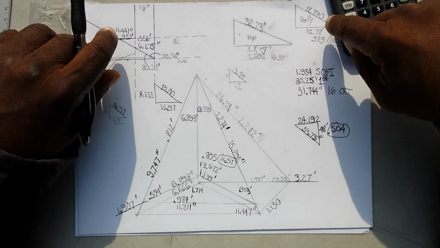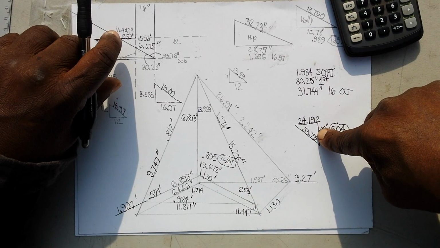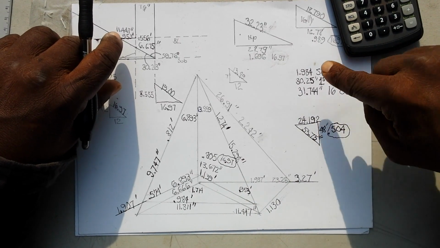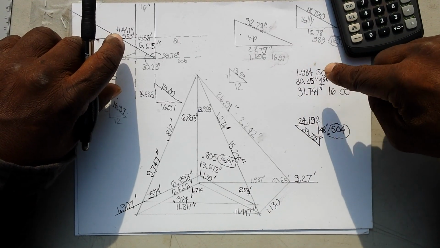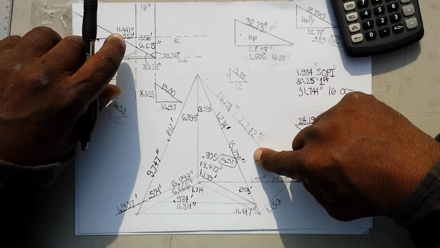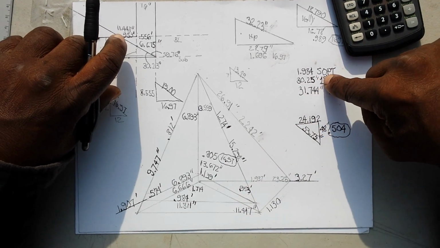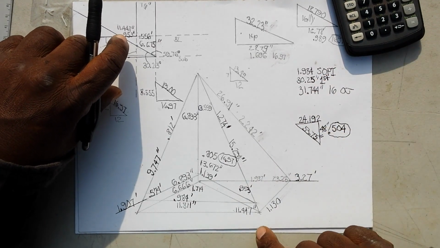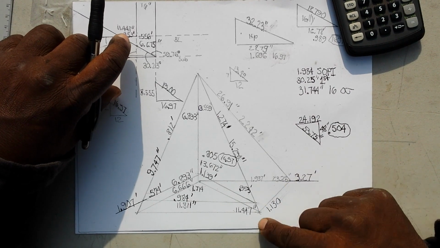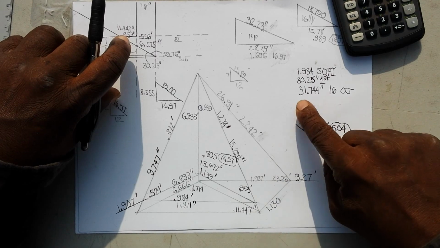So we figured out the 712 side. We noticed the plywood cut. We know the SOPI. We know what the first jack is going to be coming off the king common. And if you don't want to do that with the first jack, you can lay out your plate, measure from your hip to your first measurement, and then add 31.74.